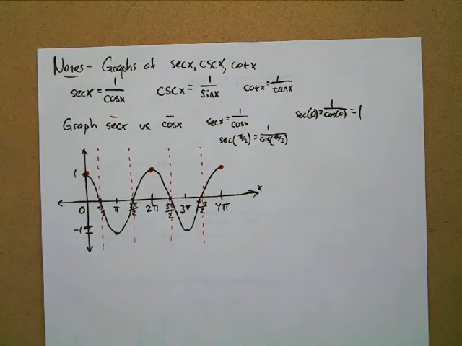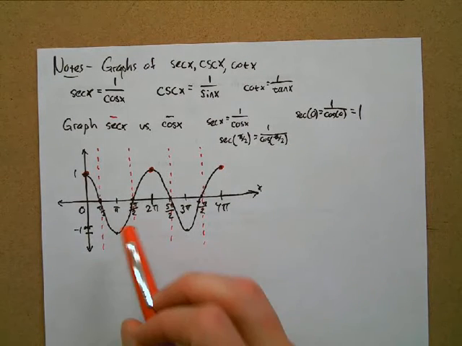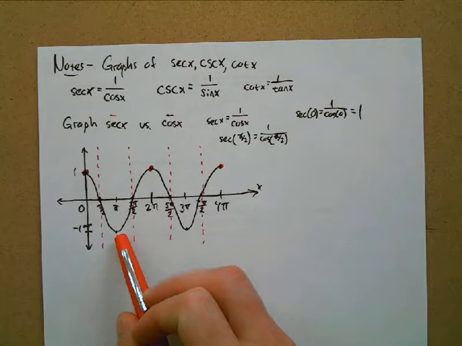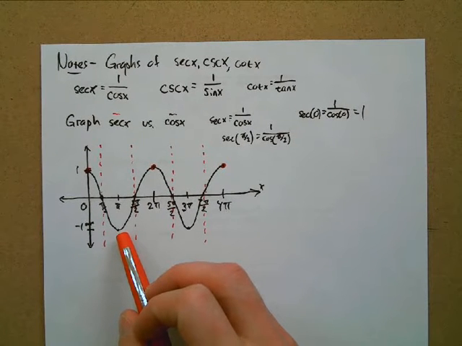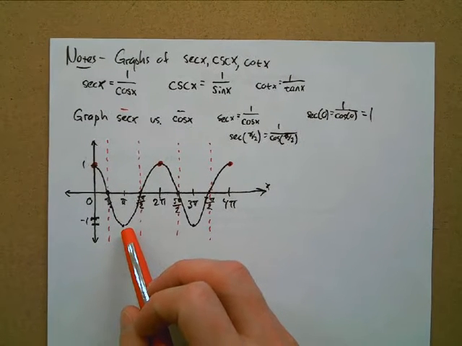And then also at pi and at 3 pi, the y value there is -1, but what's the reciprocal of -1? Well, think about -1 as a fraction, -1 over 1.